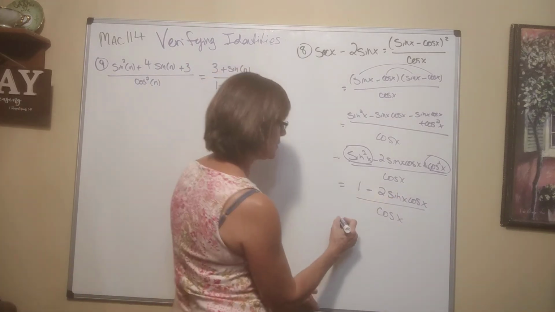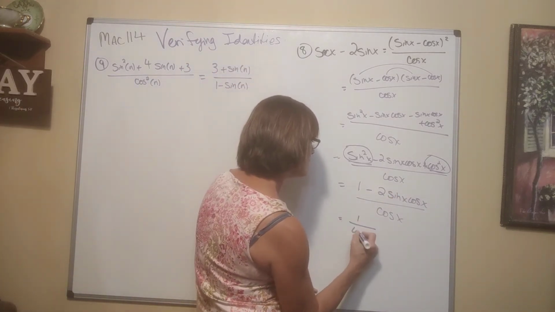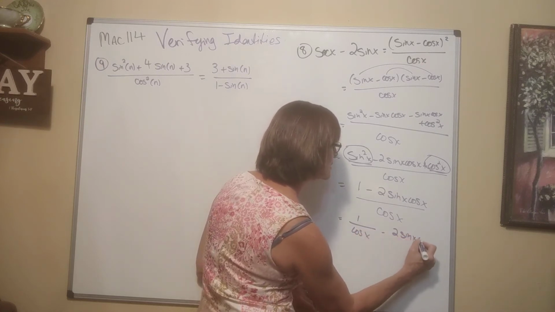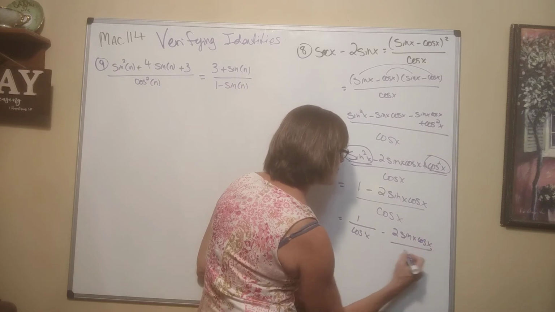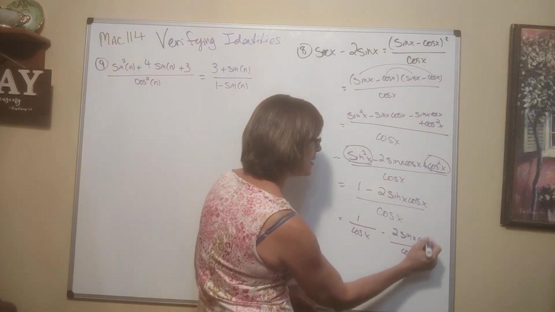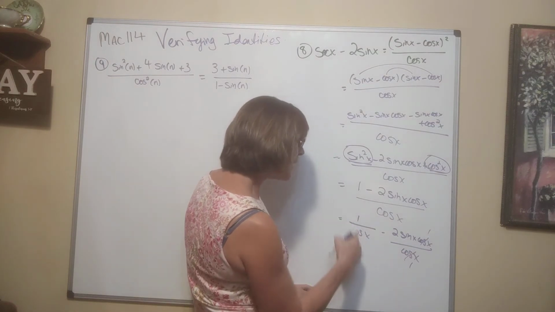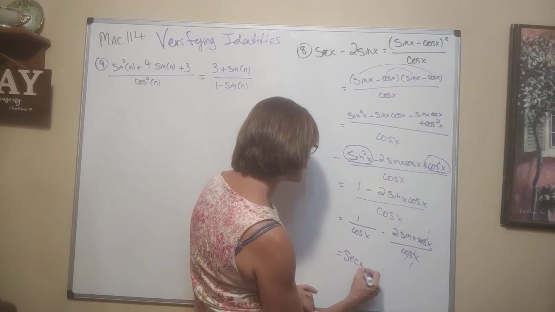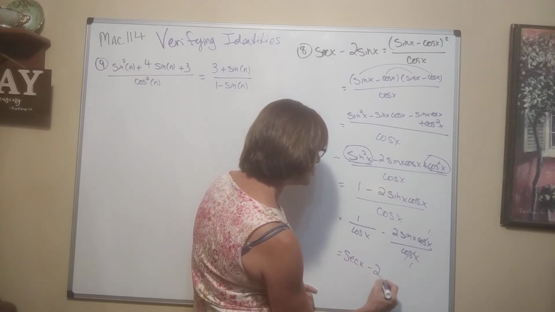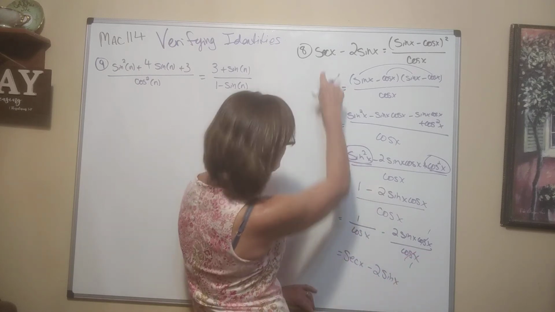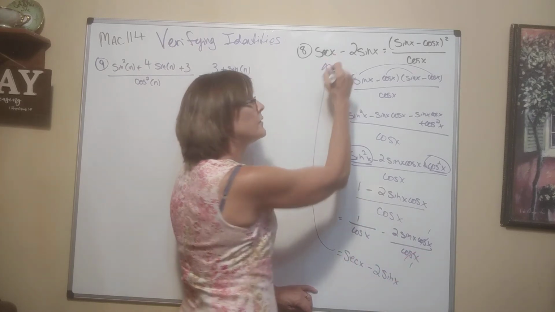So this could be equal to 1 over the cosine of x minus 2 sine x cosine x over the cosine of x. Well, this can divide into this, right? I can call 1 over cosine also known as the secant of x minus 2 sine x. And now it looks like that. And we have verified that guy.